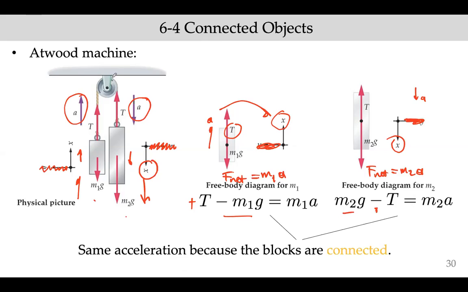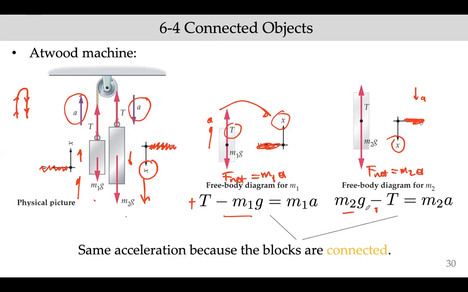So here we have two options: you can either choose this direction to be positive, or you can choose this direction to be negative. But if you choose the direction of acceleration to be positive, you wouldn't need any negative signs here. That's the ideal, straightforward way to solve it.